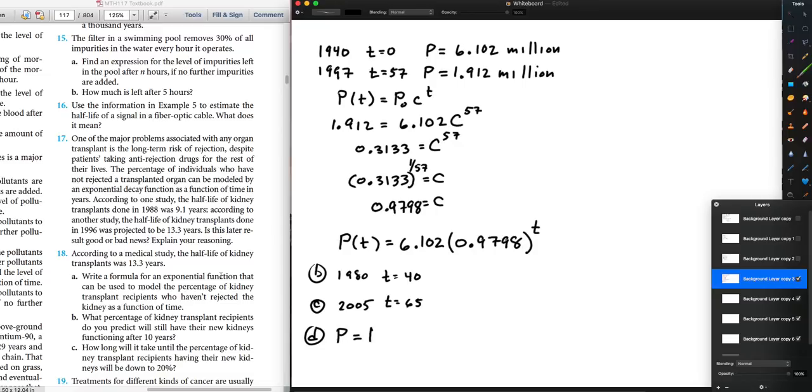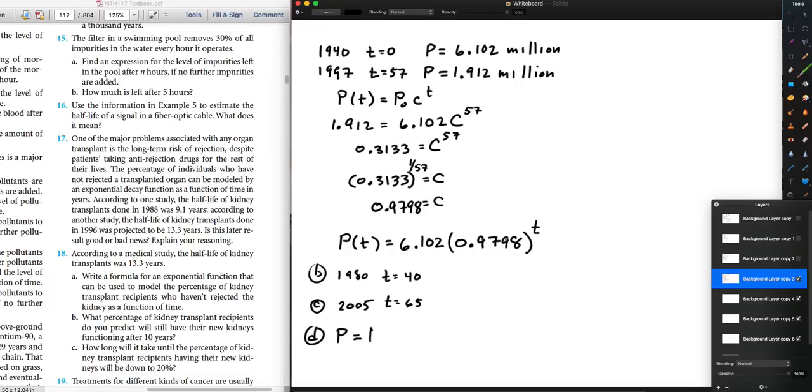So in 1996, it was taking longer before patients rejected their new kidney than in 1988. So that is a good result, that they were going longer without rejecting their kidneys. That's all that one is. There's no math involved there, just interpretation.